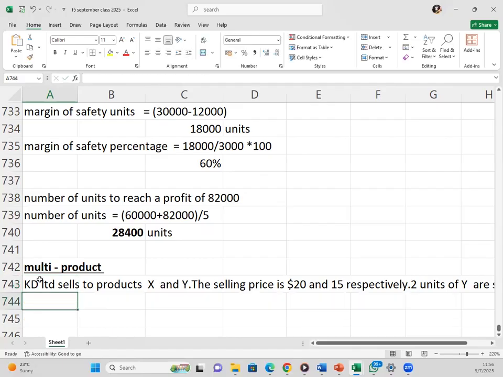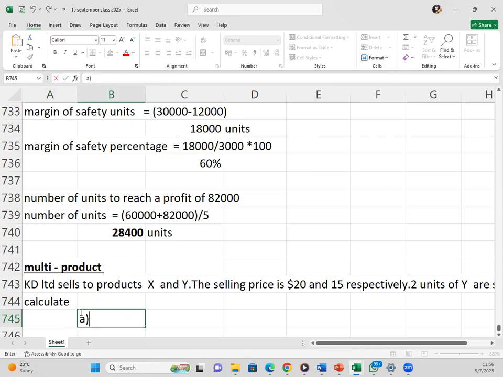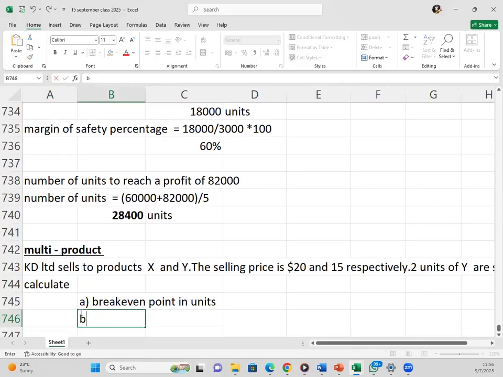Then required. The first requirement, calculate the break-even point in units. The second requirement, the break-even point in sales revenue.